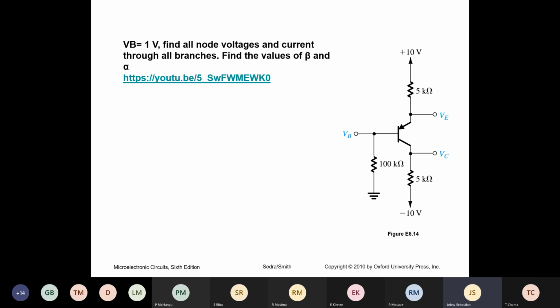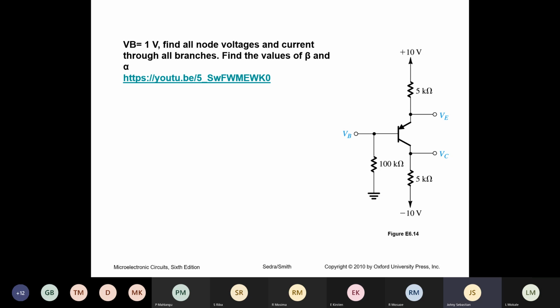How much is IB? 10 microampere. So what is the value of beta? Is it 165? 165. That is the value of beta.